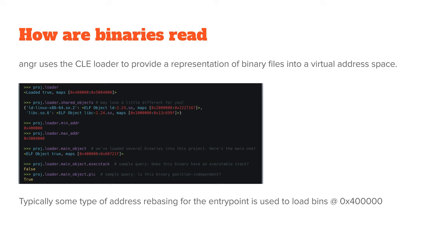And then referring back to what we said earlier, some of the static analysis functions you can do with it: you can query the objects to determine, do they have things like an executable stack, and are they position independent code. So that's some of what you can do in terms of static analysis using angr and CLE loader.